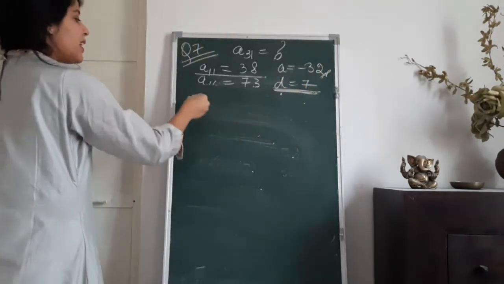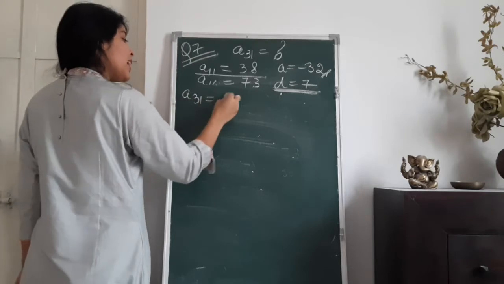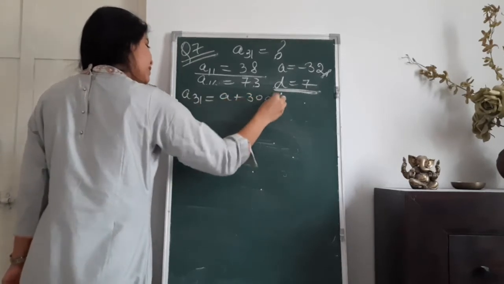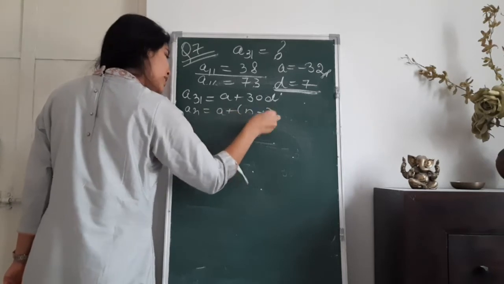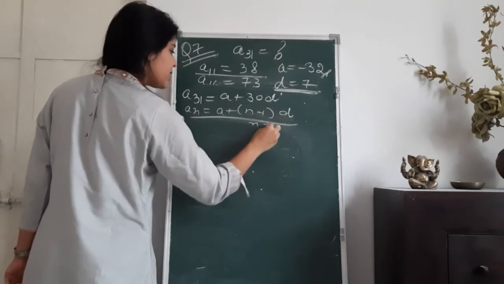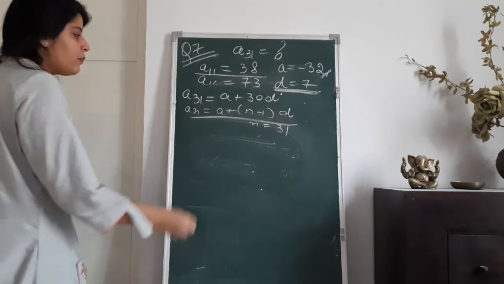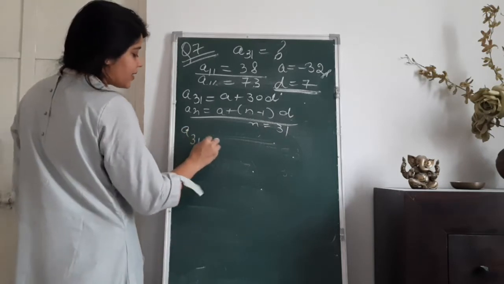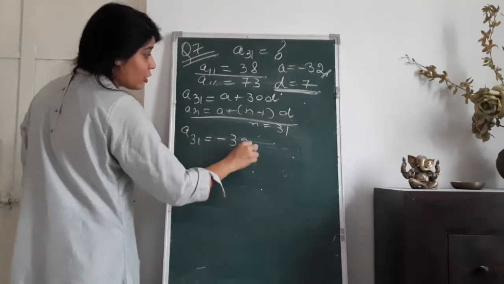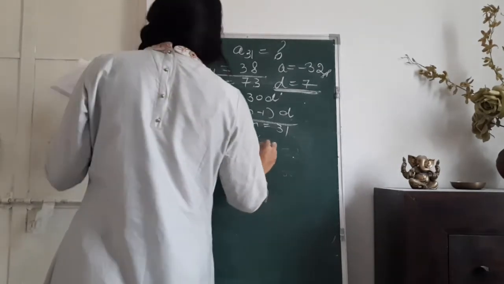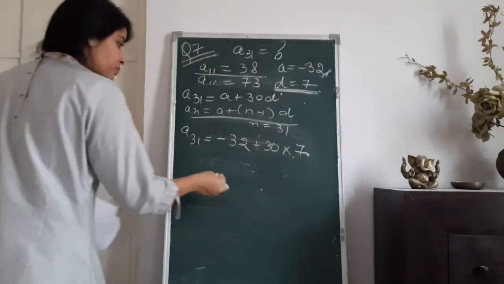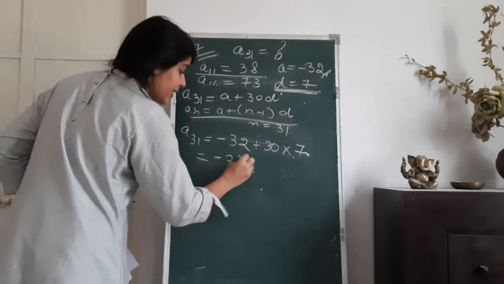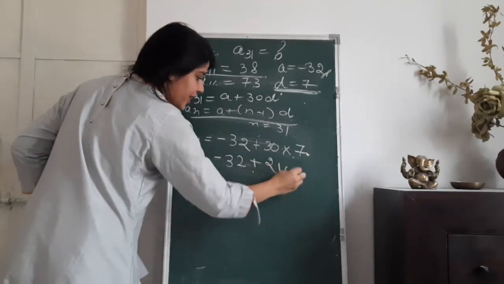What will be A31 equal to? A plus 30D. Using the formula AN is equal to A plus N minus 1 into D, where I am putting N is equal to 31. So A31 is equal to minus 32 plus 30 into 7, which is minus 32 plus 210.